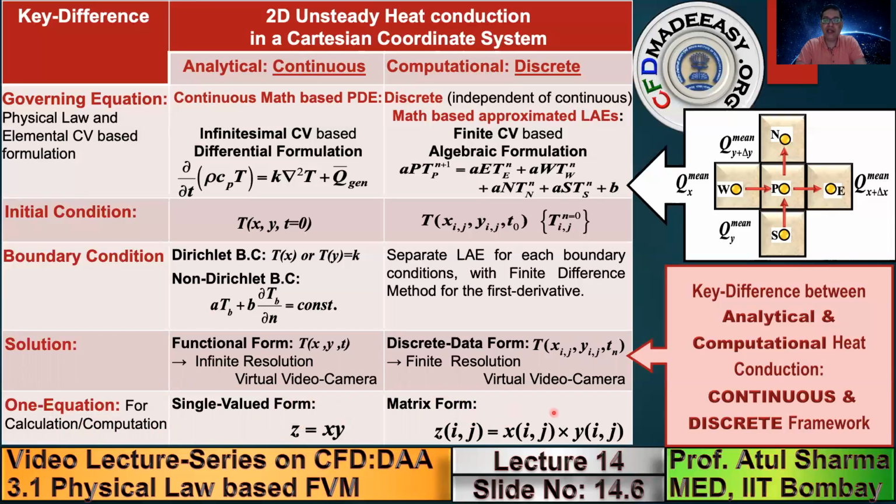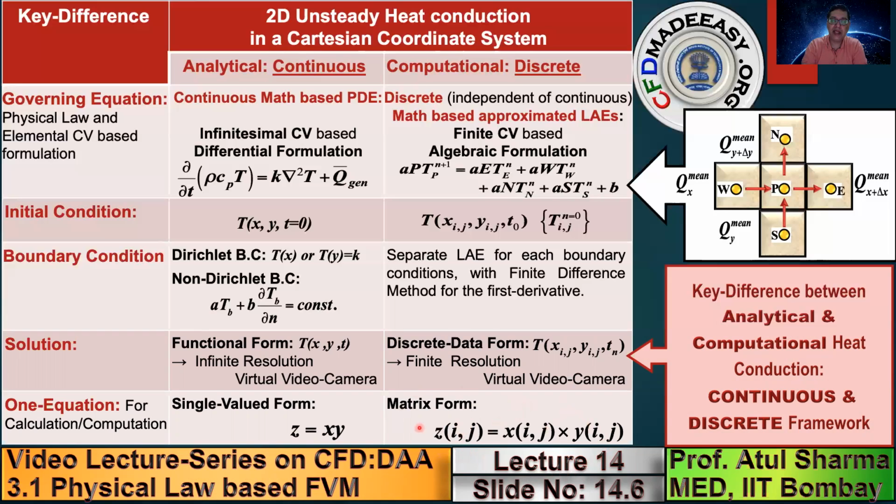Although you may have millions of internal grid points, we obtain the algebraic formulation for one of the internal grid points, and that equation we write in an indicial form or matrix form.